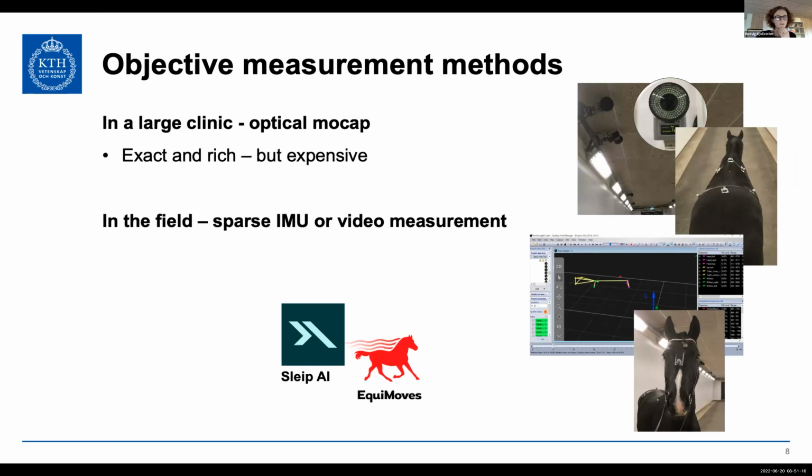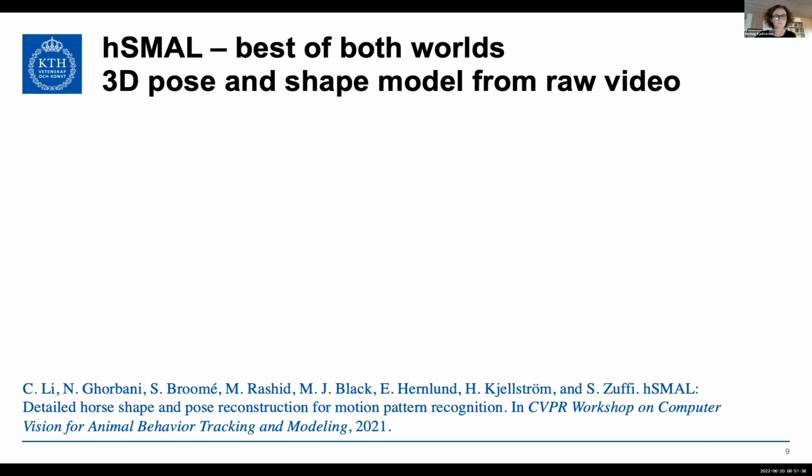But there are also options for more in the wild that you can have yourself in your cell phone, and they are based on video measurements or IMUs. They are, of course, much more accessible to everyone, but they are not as exact and they measure very sparse things.